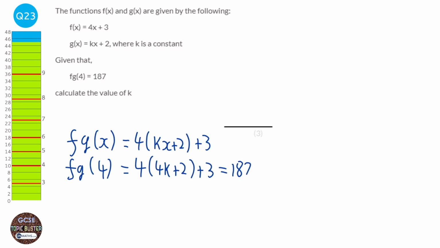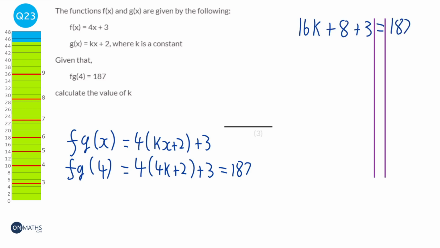So we've actually got something we can solve here. So I'm just going to rewrite that, but actually I might expand the brackets as well while I'm at it. So 4 times 4k is 16k, 4 times 2 is 8, plus 3 equals 187, and let's get our solving lines in. Okay, so first thing we're going to do is, well, we can add the 8 and the 3 actually while we're here.